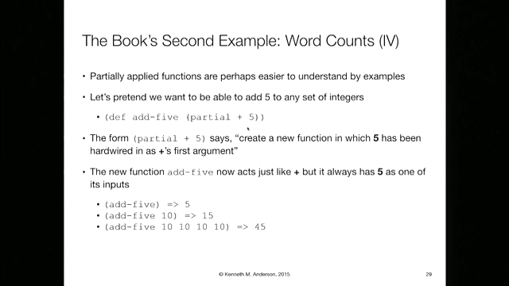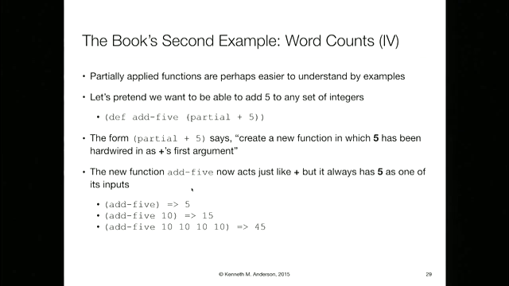But in this case, partial will figure out that plus is being called with 1 number. And that number is hardwired to be 5 for this function, add5. Now I can give add5 any set of numbers, 0 more, 1 more, 1,000,000 more. And it will act like plus, but the first value will always be 5.